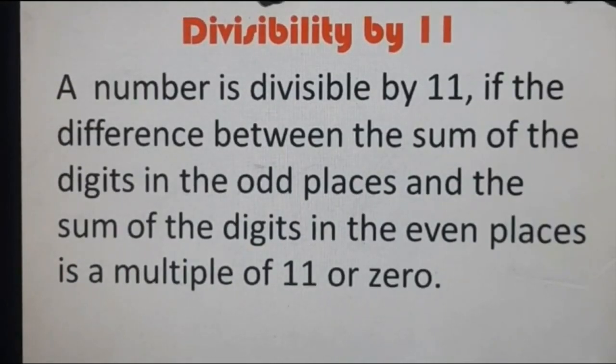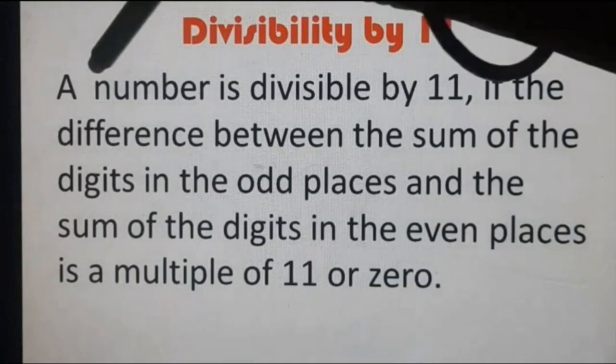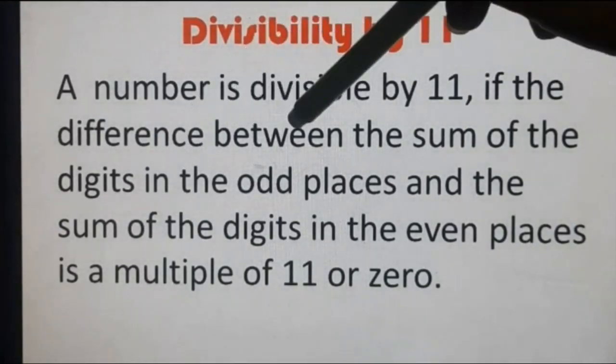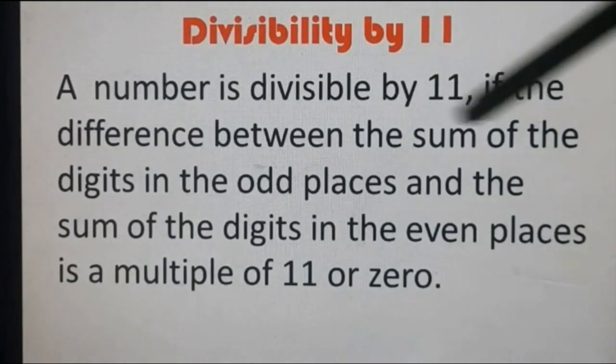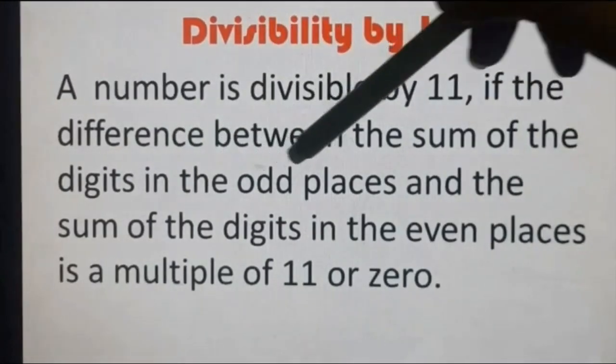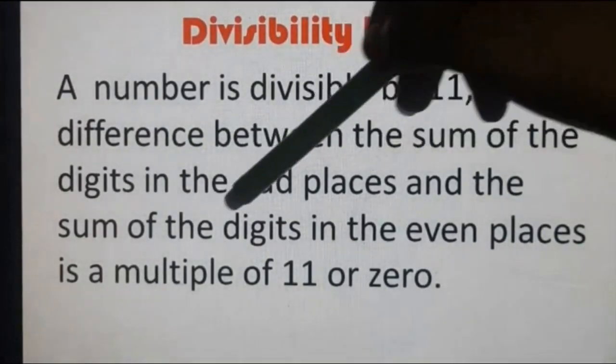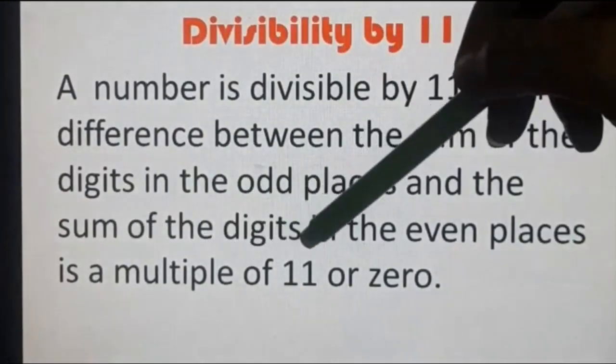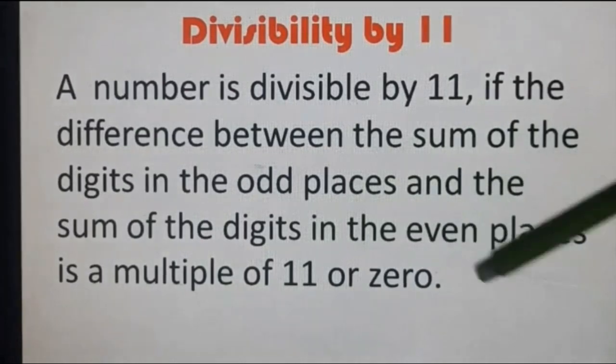Next rule is divisibility by 11. A number is divisible by 11 if the difference between the sum of the digits in the odd places and the sum of the digits in the even places is a multiple of 11 or 0.